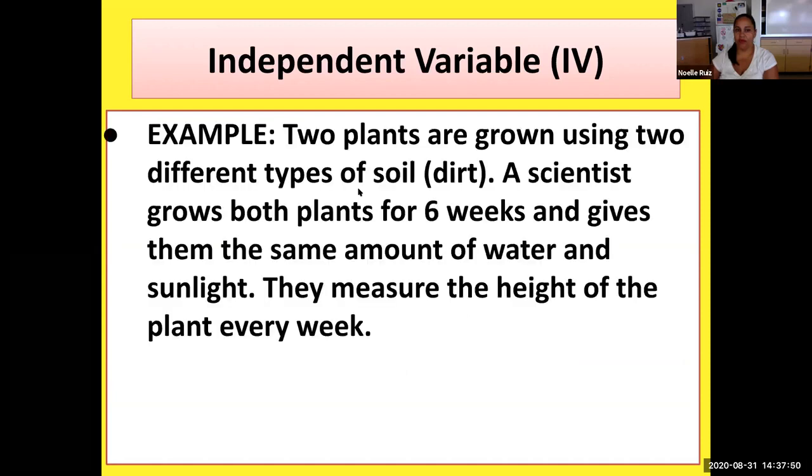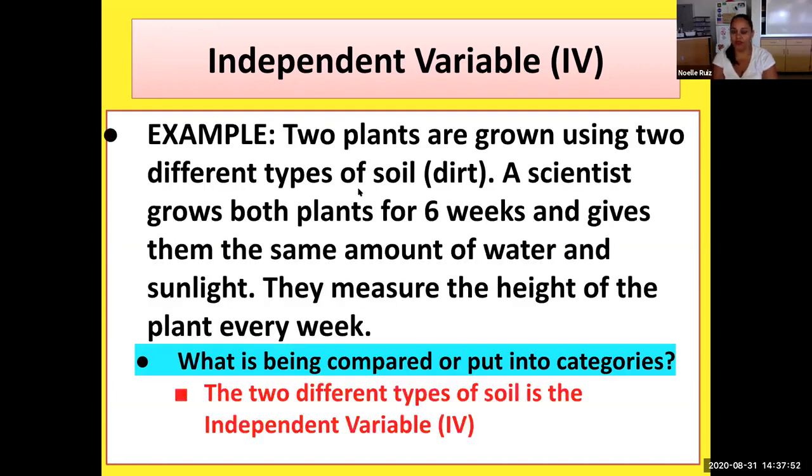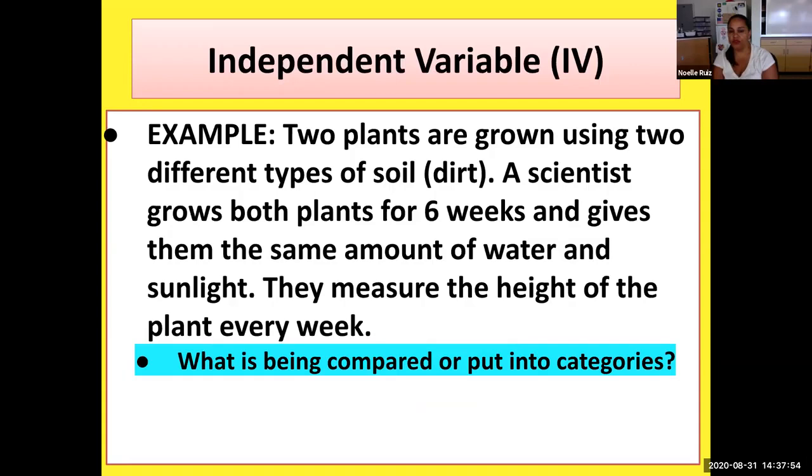All right, same example. 2 plants are grown using 2 different types of soil. Scientist grows both plants for 6 weeks, give them the same amount of water and sunlight. They measure the height of the plant every week. So now we're going to pick out the independent variable. What is being compared or put into categories? Now we already picked out the dependent variable. The dependent variable is the height.